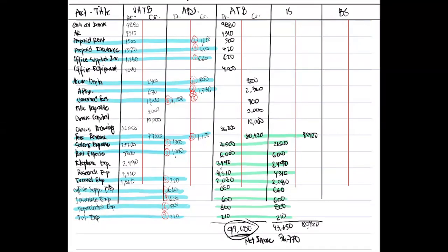After that, we can also prepare our balance sheet. What will you forward in your balance sheet? We will forward the items of your assets, liabilities, and equity. So we will forward the cash at bank.